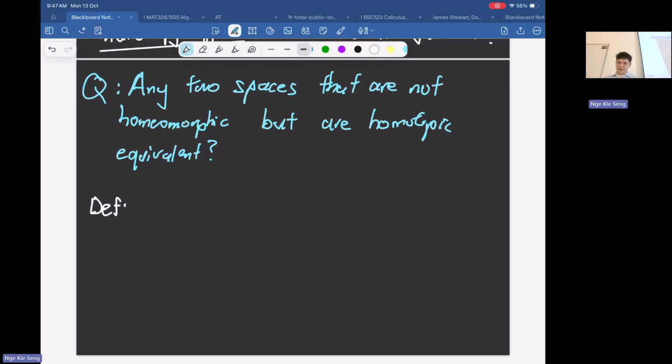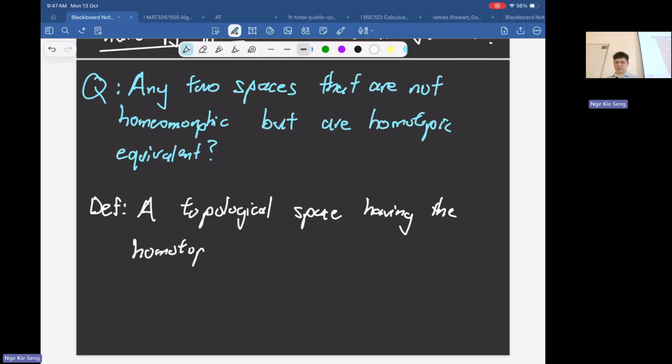Next, we finally want to define what is contractible. We'll define it on topological spaces. If a topological space has the homotopy type of a point, meaning it is homotopy equivalent to a point, then this space is called contractible.